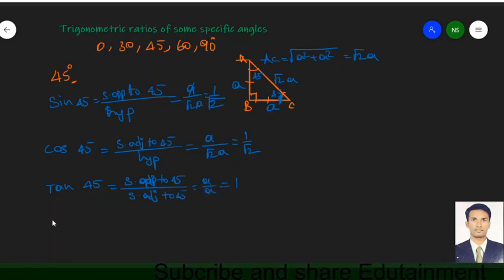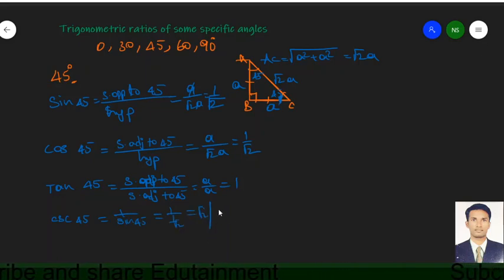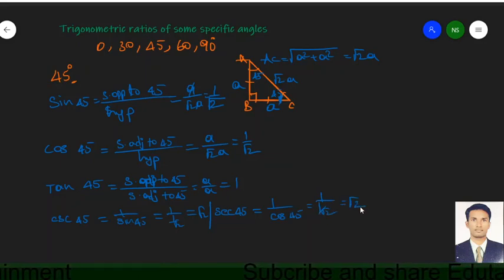Then we can find cosecant 45 degrees, which is 1 by sin 45, so 1 by 1 by root 2, we will get root 2. Then secant 45 degrees is 1 by cos 45, which is 1 by 1 by root 2, so here also we will get root 2.